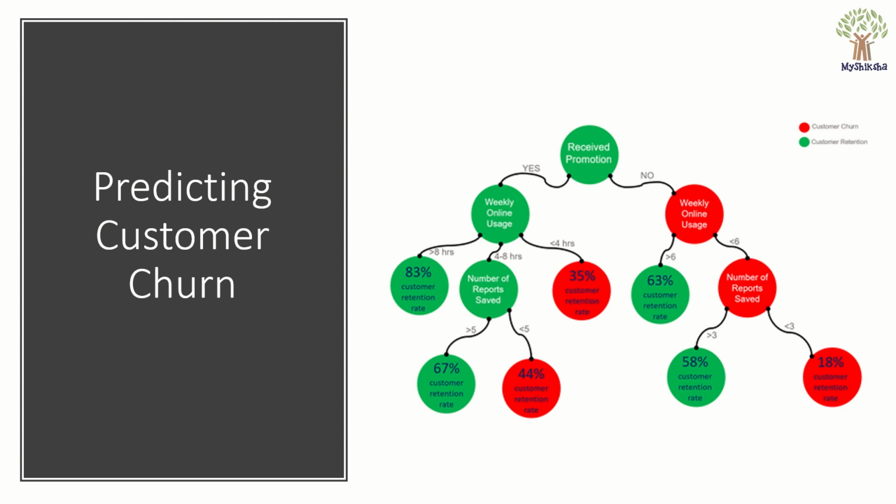And if it is less than 5, 44% are bound to leave. In the same way, with weekly online usage, if it is more than 6 hours, he is expected to stay back, 63% likely. And all this comes from the data that you have got, and how well you are able to analyze it and draw it in the form of a decision tree.